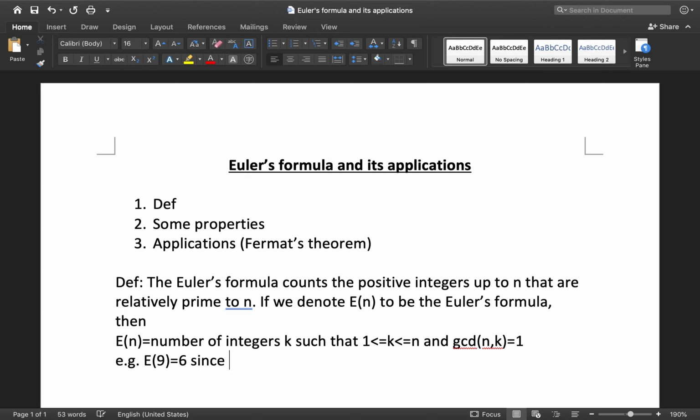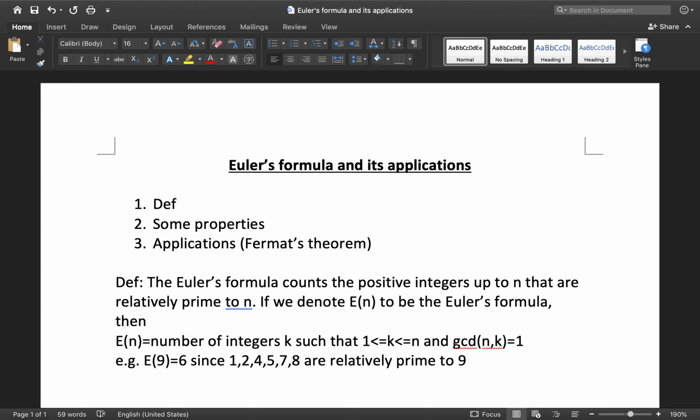The reason is that 1, 2, 4, 5, 7, and 8 are relatively prime to 9.